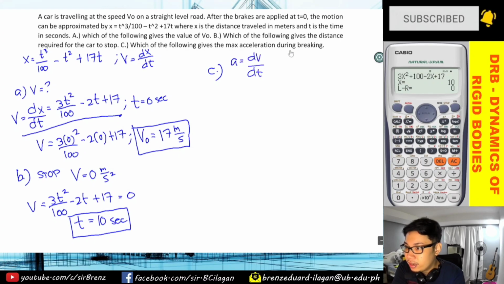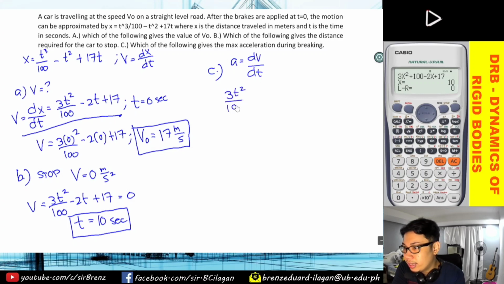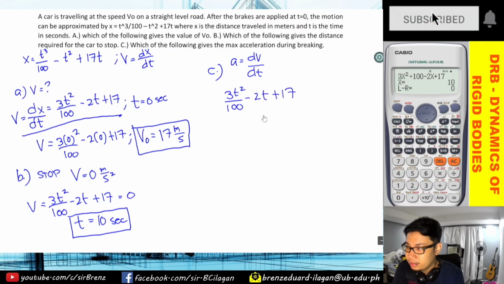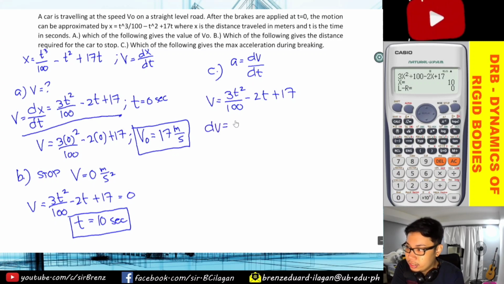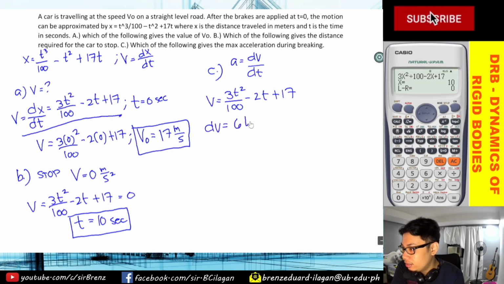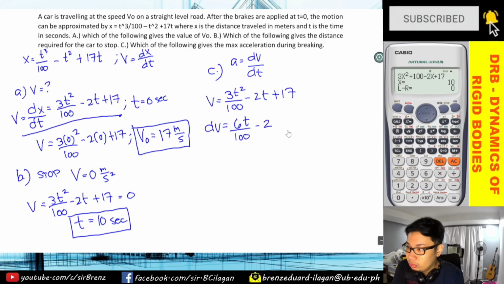So, i-differentiate lang natin yung equation natin kanina na 3t squared over 100 minus 2t plus 17. Kapag dinifferentiate mo yan, makukuha mo na yung kanyang acceleration na equation. So, that is 6t over 100 minus 2. So, that is our acceleration.